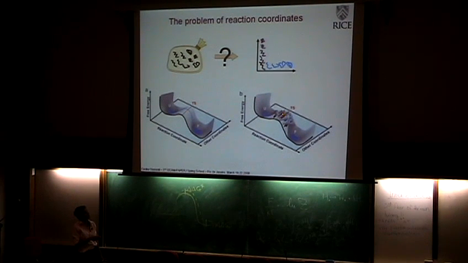But if there is a more rugged landscape with some more frustration, it can happen that there may be recrossing, but still the diffusion here is much faster than the diffusion here. So the system spends much more time here than here.